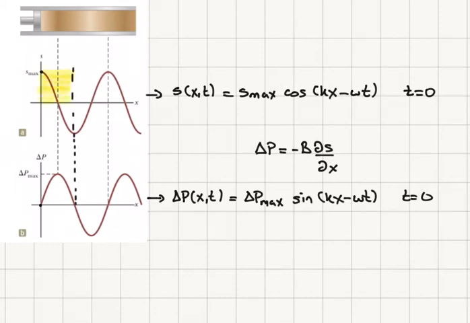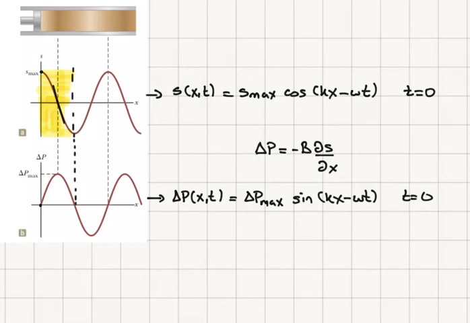In this region, I find that the derivative is negative. That's the slope of this. So if I take any point here, for example this point, I take the slope at this point, I find that the slope is negative.